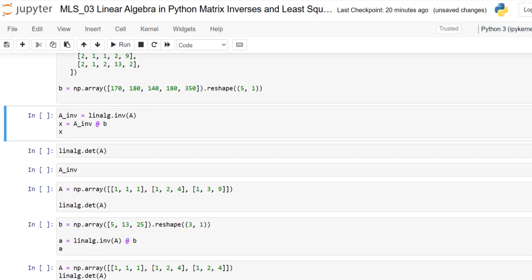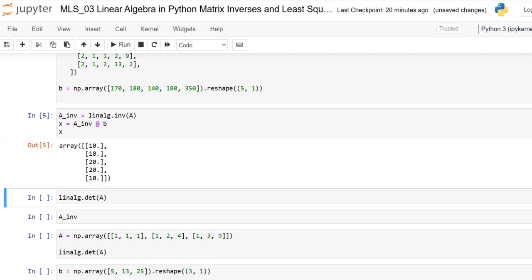Dear friends, by using the inverse, we are going to obtain the inverse of matrix A, and by using the at operator, kindly observe, it is used to perform the matrix product in order to solve the linear system defined by A and B. Now you can store the result in X. Let me see what X has.